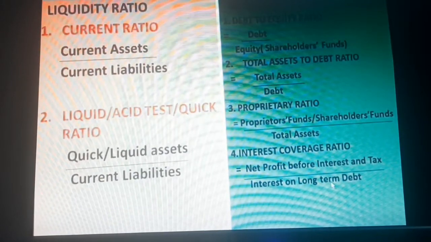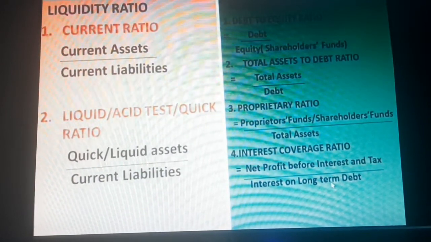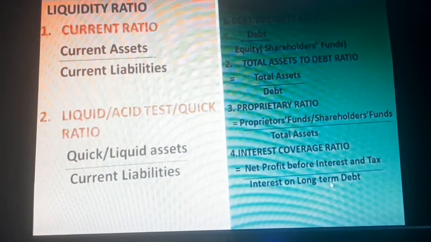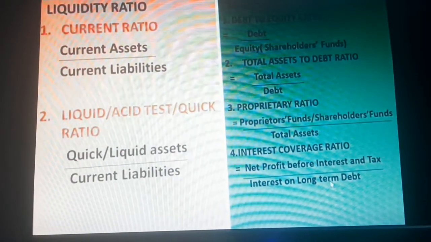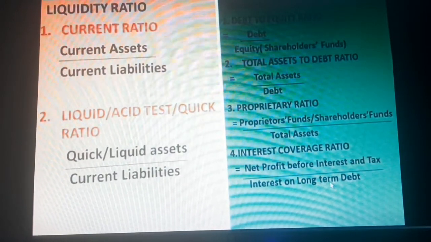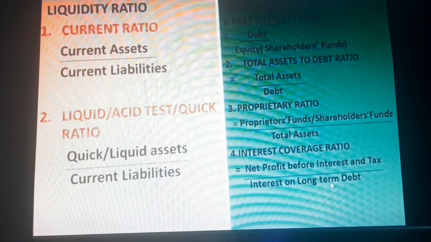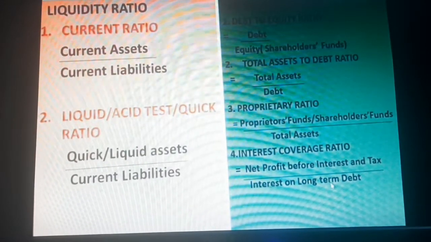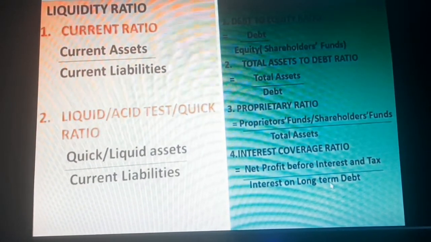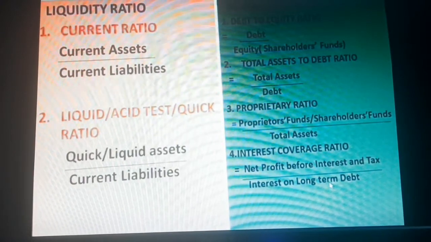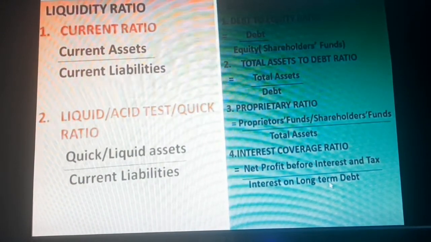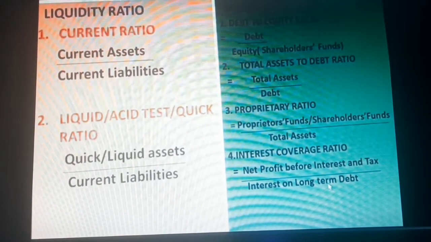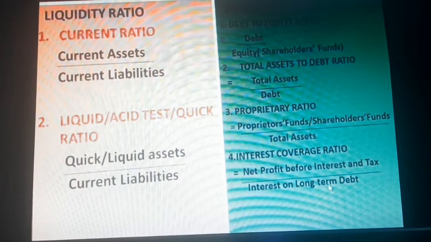In liquidity ratio there are two types, current ratio and liquid ratio, which is also known as acid test ratio and quick ratio. The formula to calculate current ratio is current asset by current liability. Liquid ratio is calculated by quick asset or liquid asset divided by current liability. Then we have four types of solvency ratios: debt to equity ratio, total asset to debt ratio, proprietary ratio and interest coverage ratio. In debt to equity ratio, the formula is debt by equity.